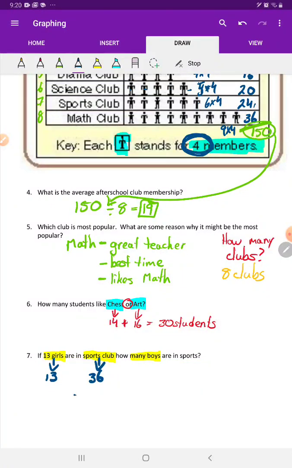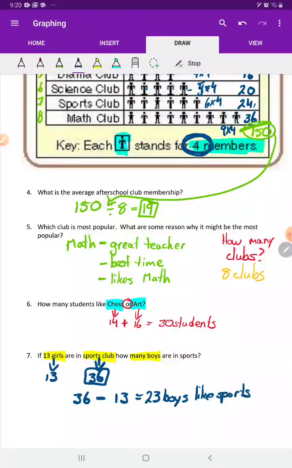So we have to do the math. So we've got 36 and we've got 13. But how do we know whether we're adding or subtracting? Well, we know that the sports club has 36 in total. So that has to be our biggest number, which means boys has to be less than 36. So it's going to be a subtraction question, and we're going to get 23 boys like sports.